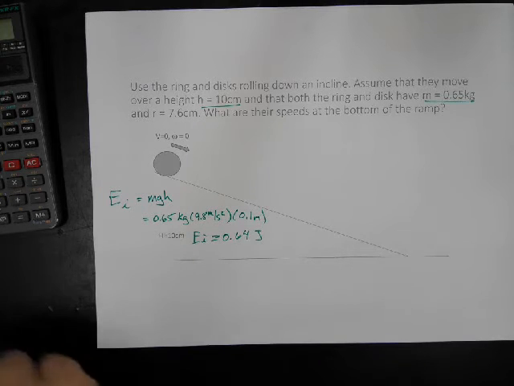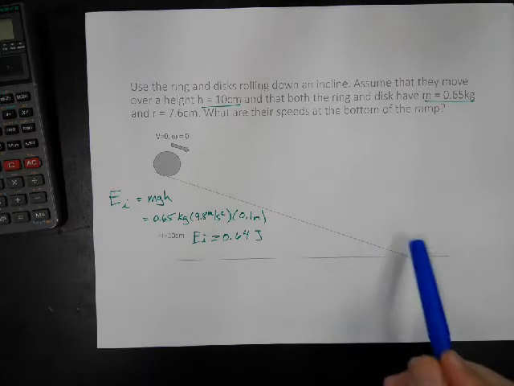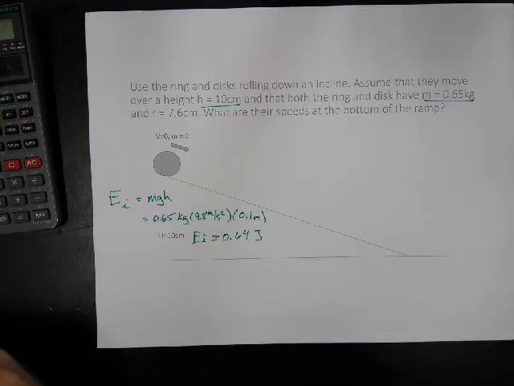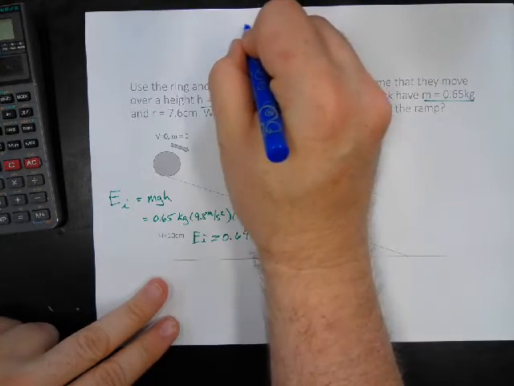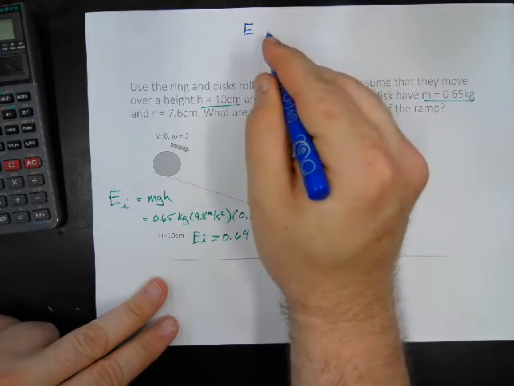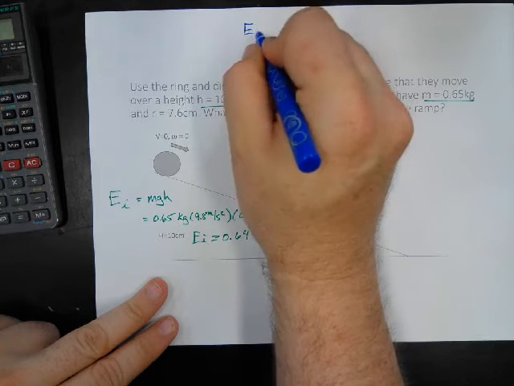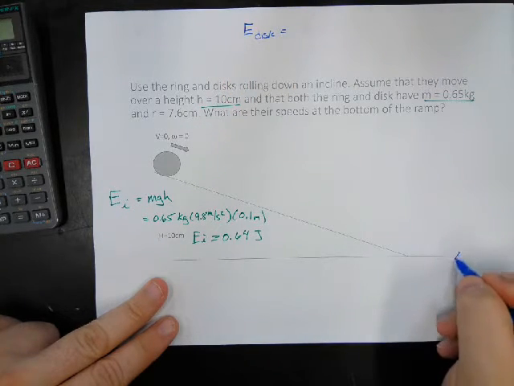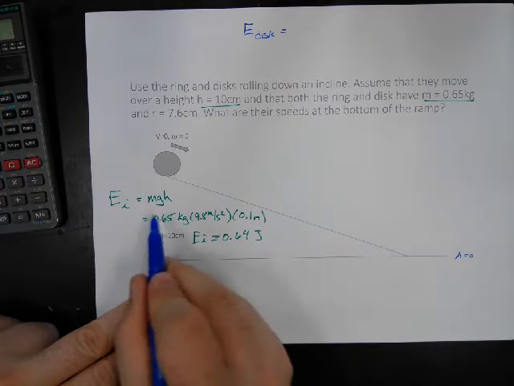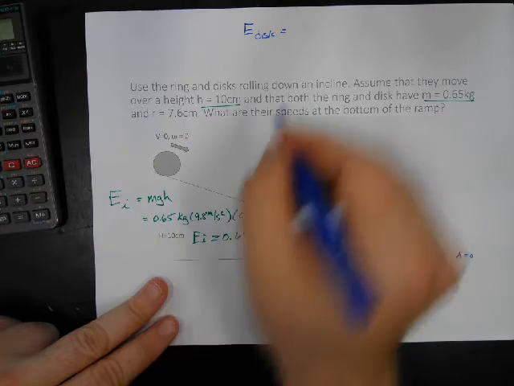Now we can calculate at the bottom of the ramp what the energy should look like. And I'm going to do it up here for a moment. All right, so the energy of the disk, well, down here h is 0, so there's no mgh component. There's no potential energy component.